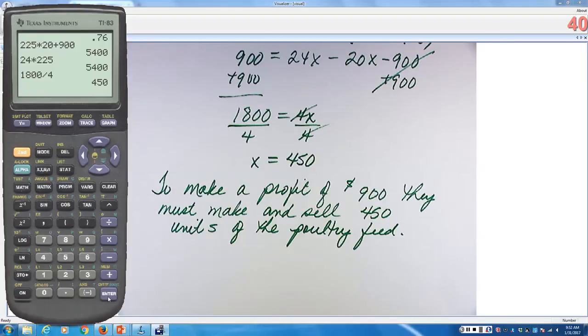I just figured out what the problem was. When I went to the second slide, they started out with 20x plus 900, and then they changed it to 100 in the next step. So our answer's right for the original problem. In the work that I got out of the book, I didn't notice that they had swapped out that 100.